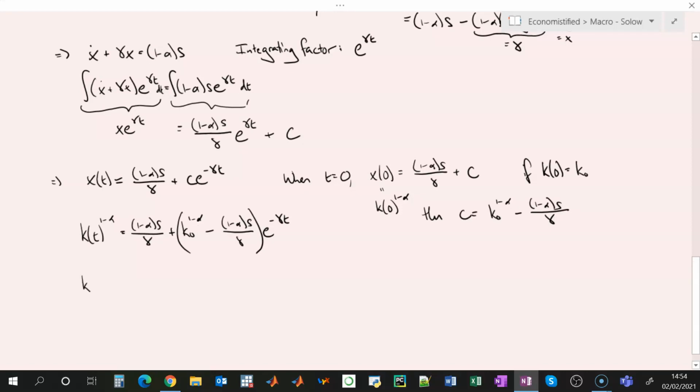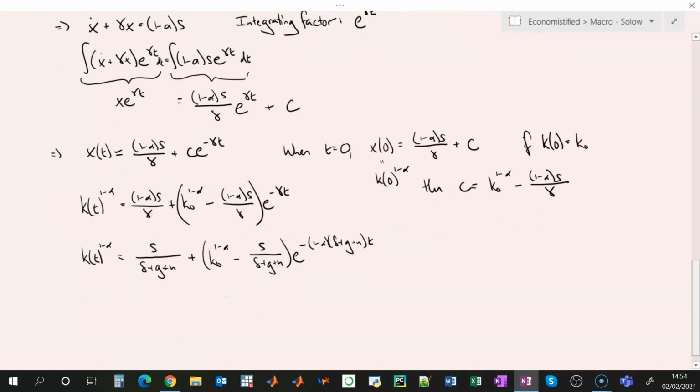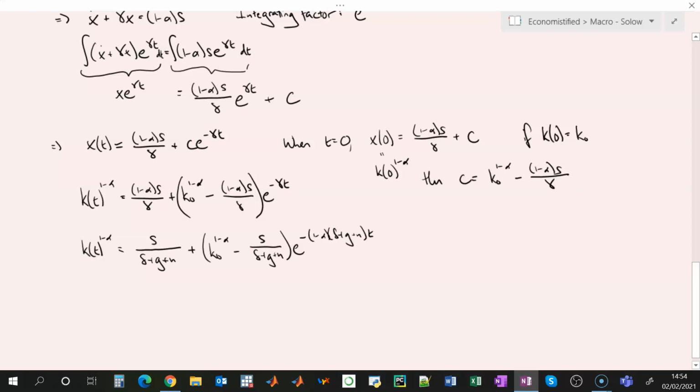So let me also just rewrite this, but plugging in the value of gamma. Remember, gamma was this constant up here. So we have a 1 minus alpha and a 1 minus alpha, so I can cancel that. We get s over delta plus g plus n. And the same thing here. Okay, now if we want, we can also rewrite this in terms of the capital stock. We can just raise everything to the power of 1 over 1 minus alpha.